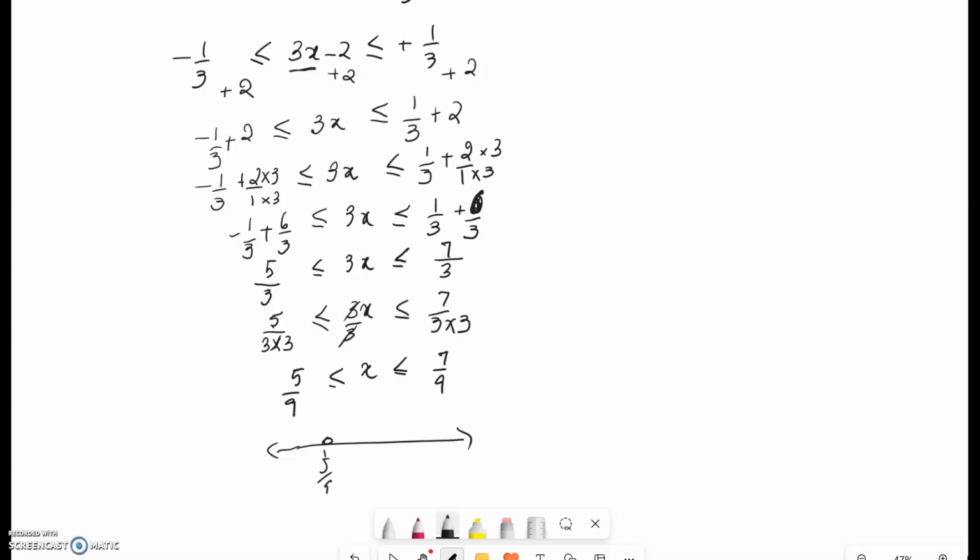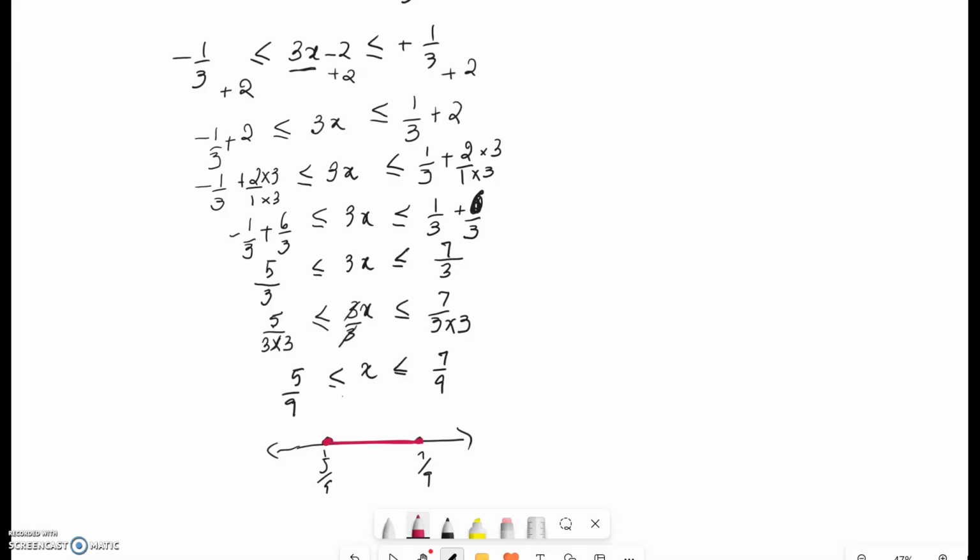And that is 7/9. The endpoints are included. And everything in between is also included.